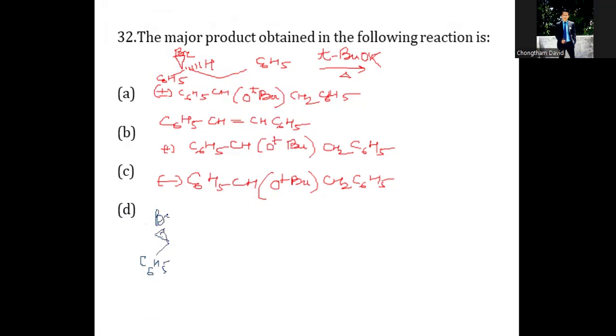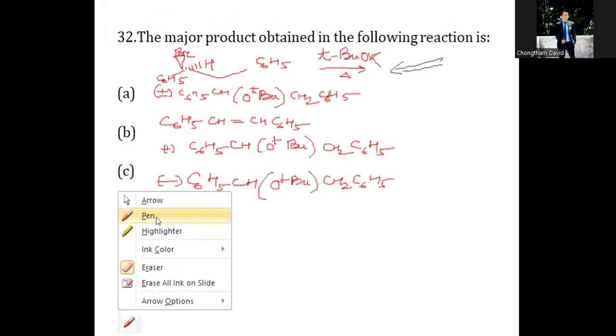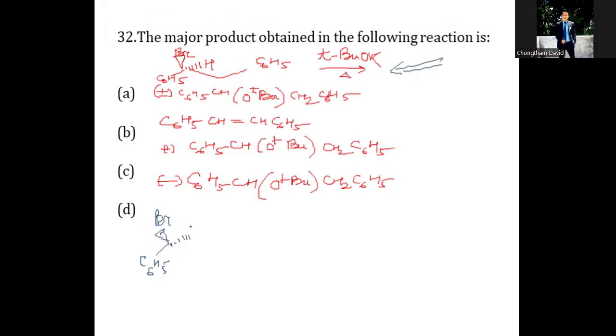Here you have bromine. Look at the equation. This is the reaction: bromine, hydrogen. Sorry, let us rewrite this. Bromine, hydrogen. You have the phenyl part. I'm rewriting the equation again. Hydrogen.